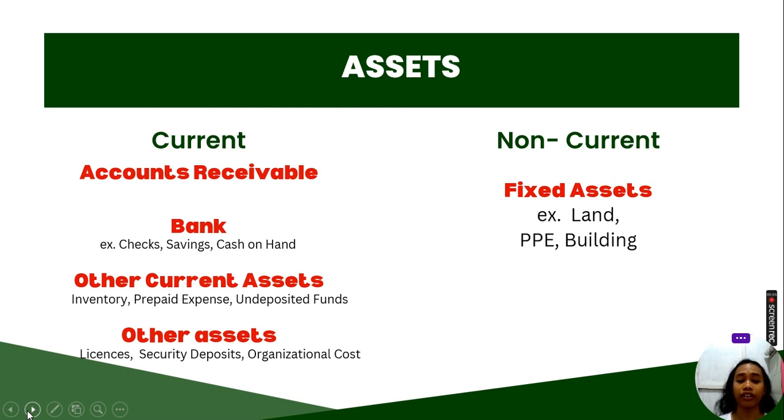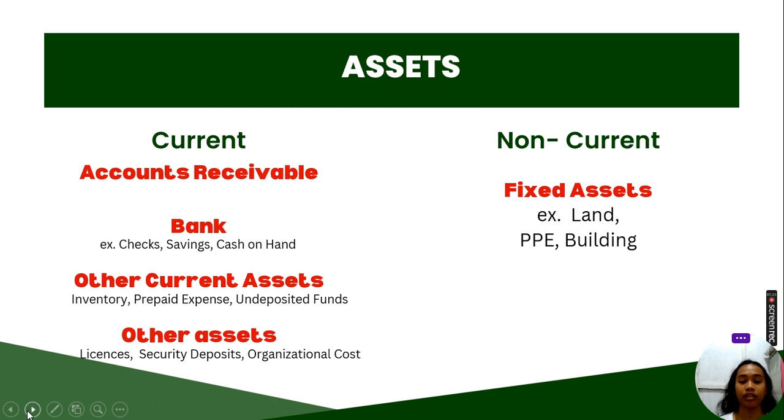Bank includes the checking, savings, and cash in hand. The other current assets include the inventory, prepaid expense, as well as the undeposited funds. The other assets also include the licenses and the security deposits, as well as the organizational cost.